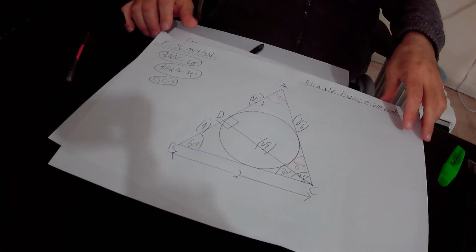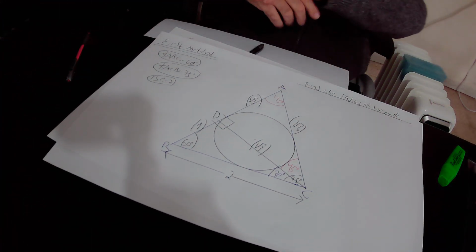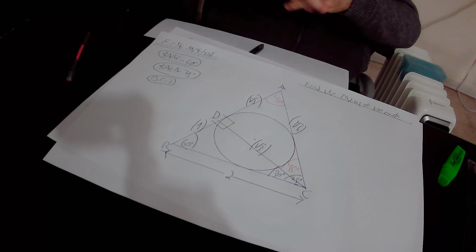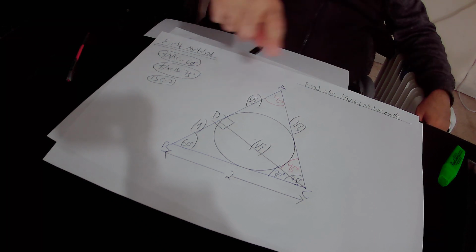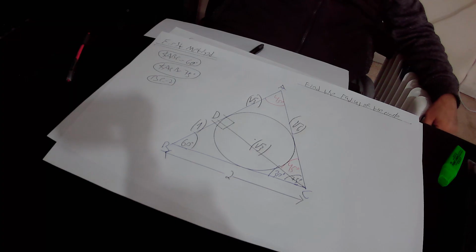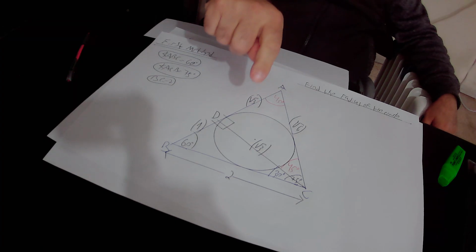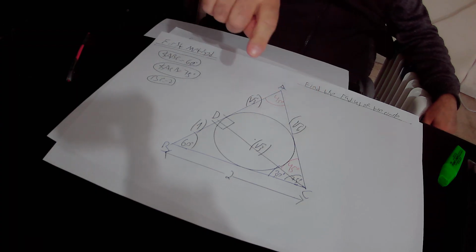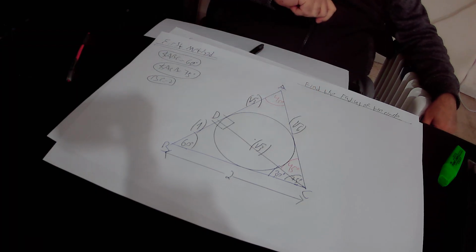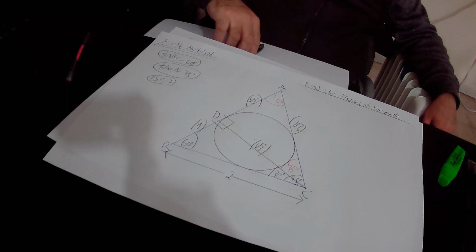Why? Because in our drawing we have triangle ABC that encloses this circle, and we know the side lengths of this triangle ABC, and the radius of this circle will be equal to the area of triangle ABC over the semi-perimeter of this triangle ABC.